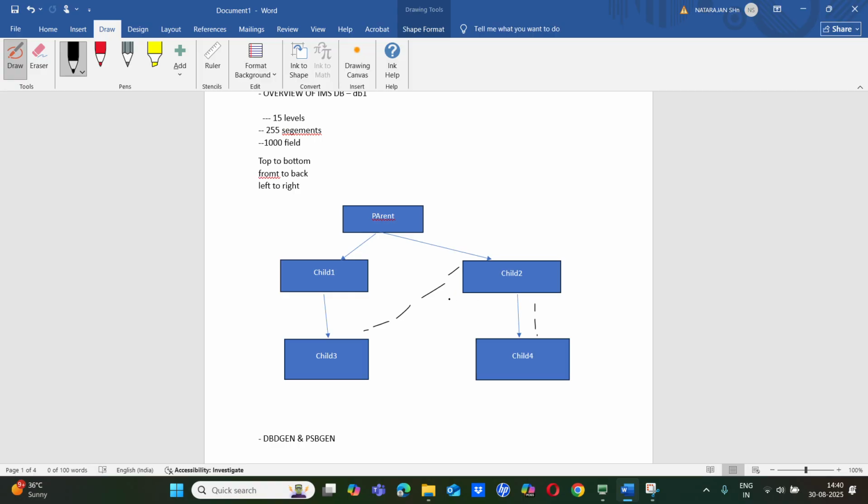So just understand these basics, and the remaining things are a little easier once you understand how you are retrieving records in IMS DB. It's not like in DB2, where we can use aggregate functions while retrieving the record. No, there are no such things here. You are just retrieving or inserting the record in IMS DB.